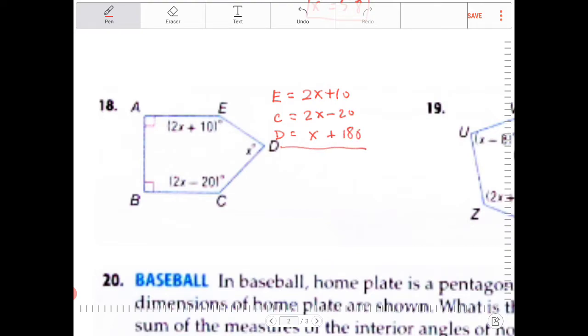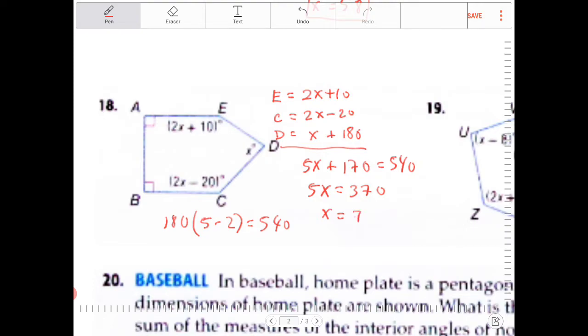If I add them all up, I end up with 190 minus 20, so that's 170, plus 5x is equal to 180 times 5 minus 2, which is 540. I want to subtract both sides by 170. I end up with 5x equal to 370. Divide both sides by 5. I end up with 74.